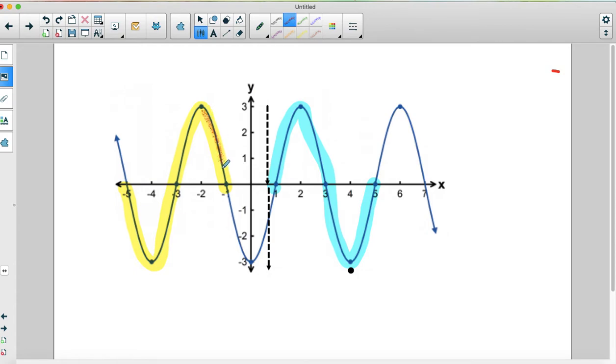If you remember how cosine looked like a U or a C, we could have done the upside down U, the happy face, or the sad face. Now, all you have to realize is that the period and the amplitude for the sine function and the cosine function are going to be exactly the same. The only thing that will change is your h.